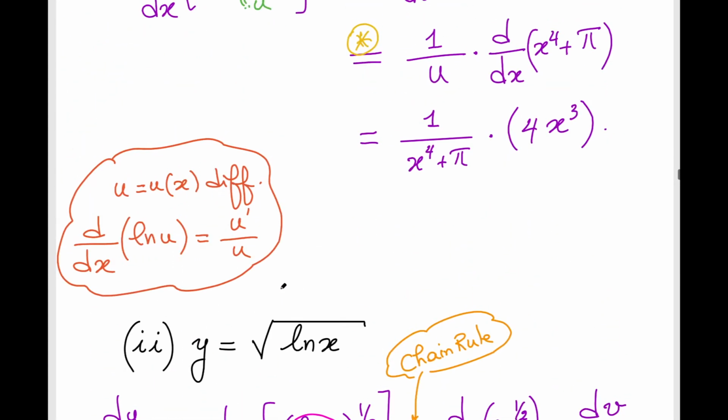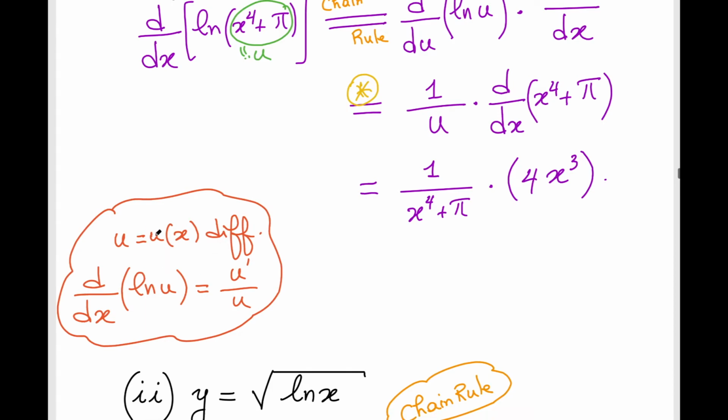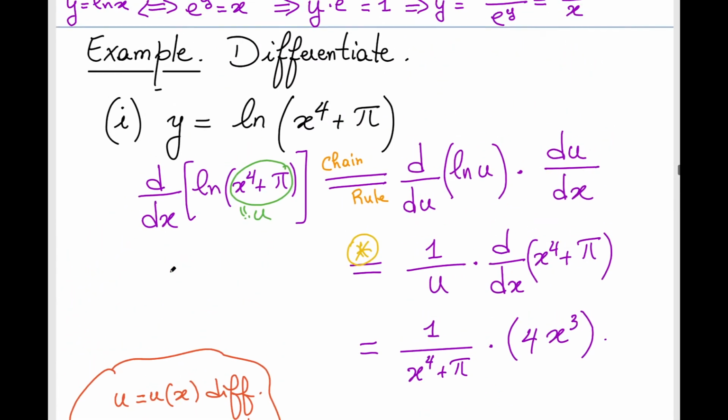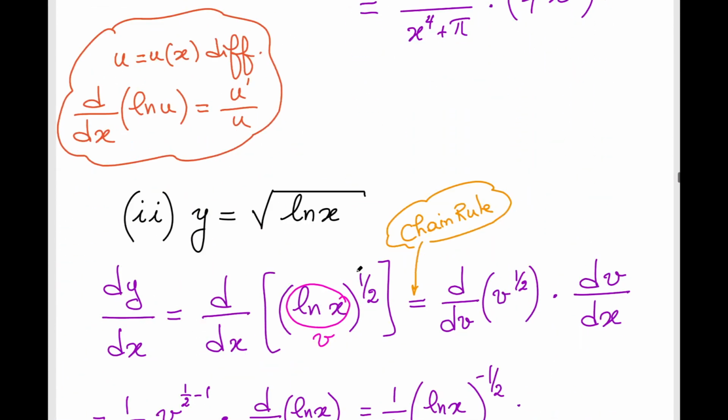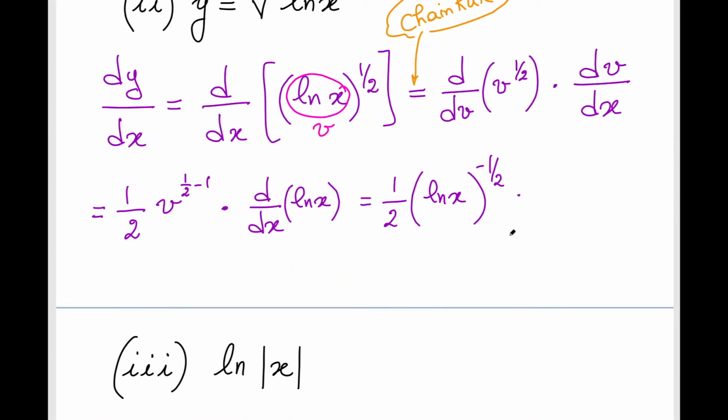You can use either this, if you use u to be x, or you can go to the asterisk. What's d over dx acting on ln x? It's 1 over x. You can write the result as follows: 1 divided by 2x square root of ln x.